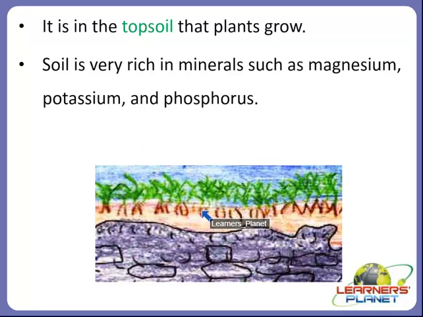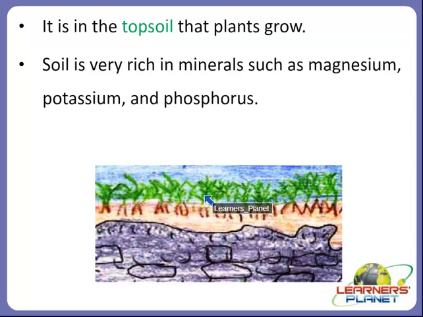So here you can see in the picture that plants grow well in loosely packed soil, as it allows their roots to grow deeper and also makes it easier for them to absorb water and nutrients. This is why farmers plow the field before sowing seeds.